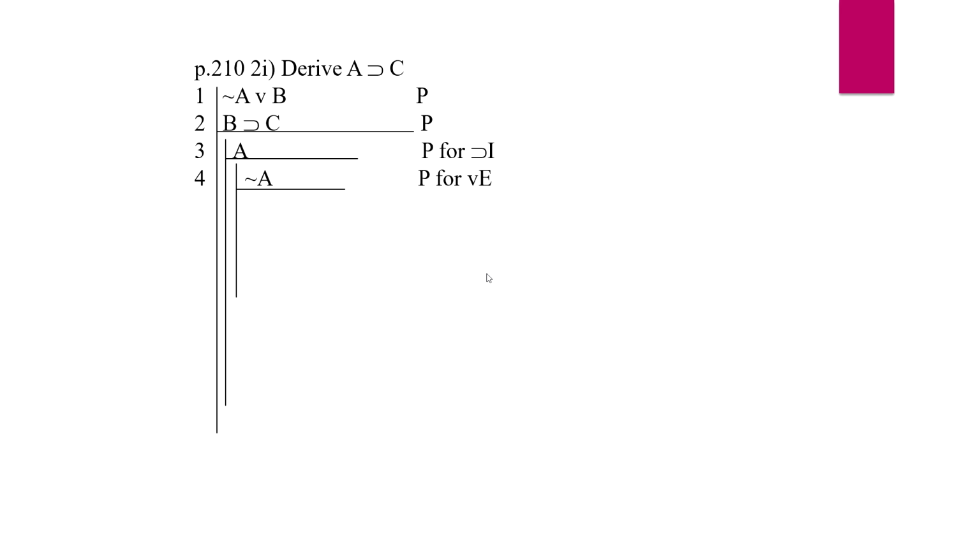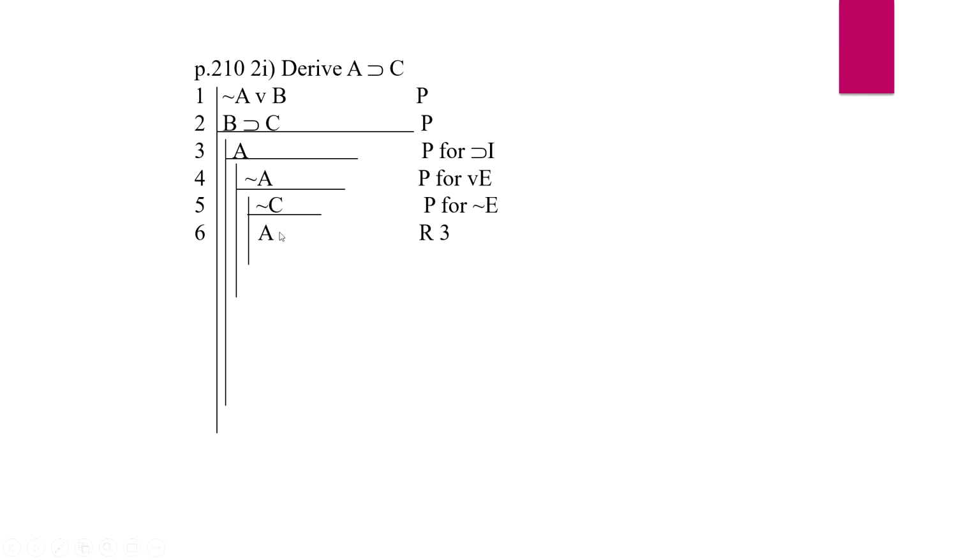And here we see a clear strategy for getting C, right? We can't get to it directly, but we have A on line 3, and it's not the case that A on line 4. So we have a contradiction we can use. So I'm going to assume it's not the case that C as a premise for negation elimination. So we can use that contradiction to get C back out, right? So we're just going to reiterate A from line 3.